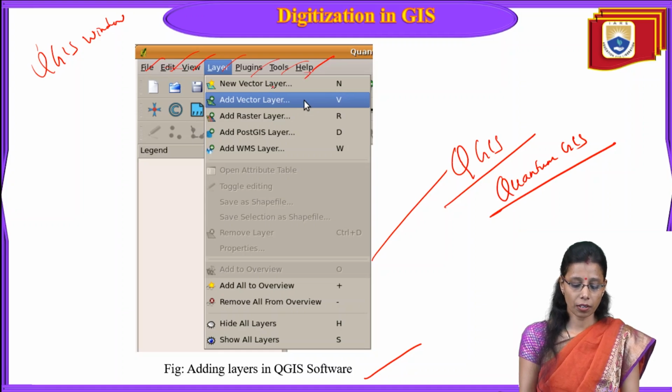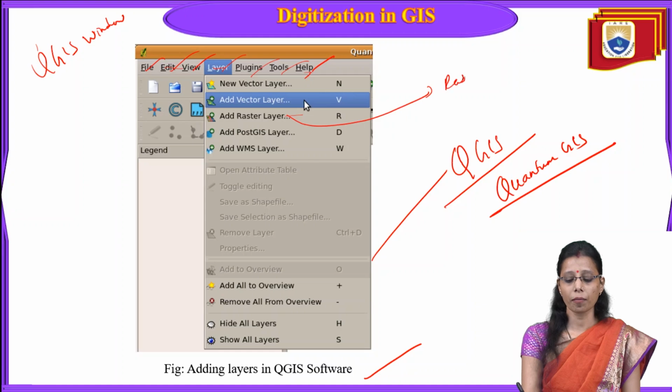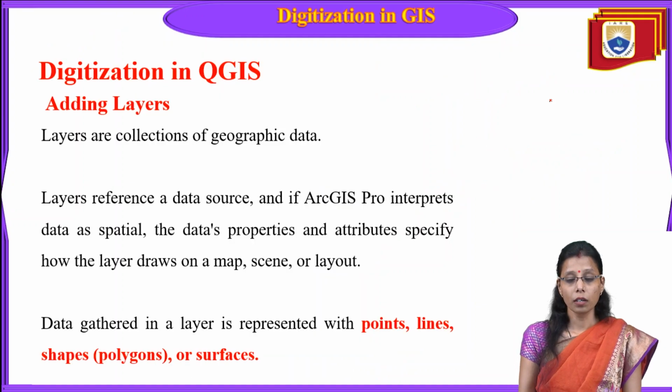What happens generally if I want to start the digitization process? I have to go to the layer option and then add raster layer. So first I have to add the raster layer. This is how I can add a raster layer in QGIS.